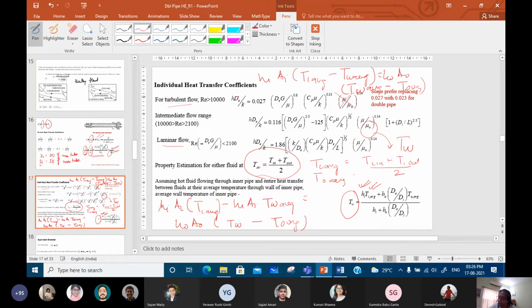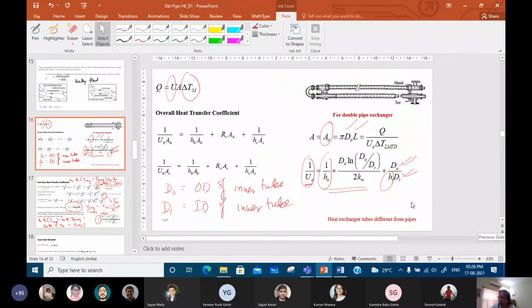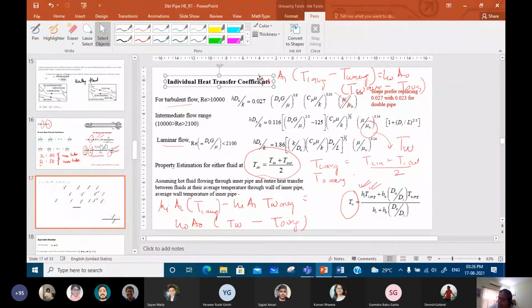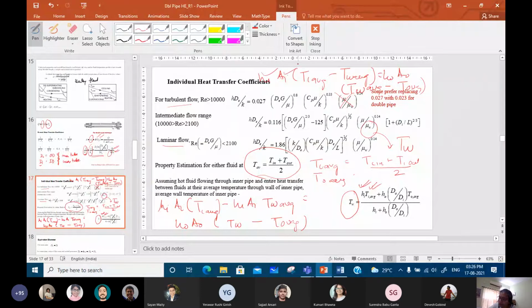You find out HI, you find out HO, then you find out your UO and decide on your DI, DO, etc. Your average temperatures are known from there.